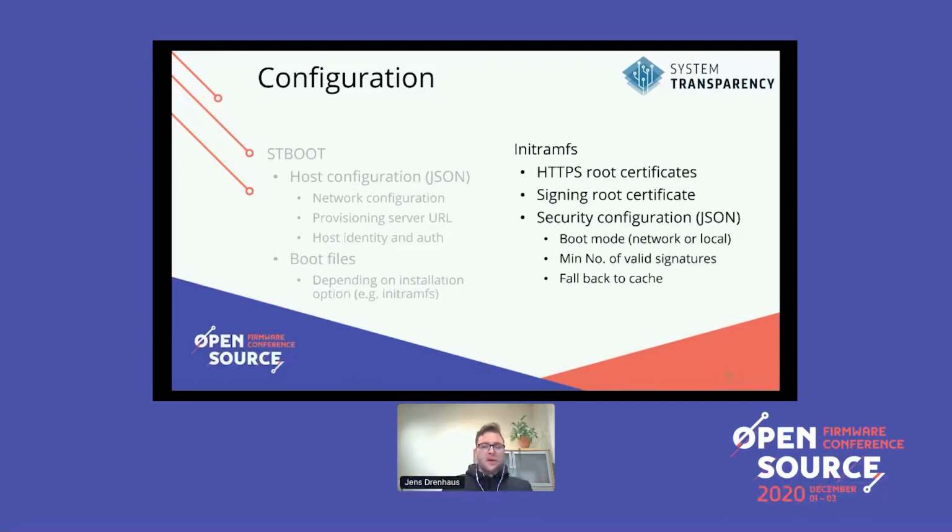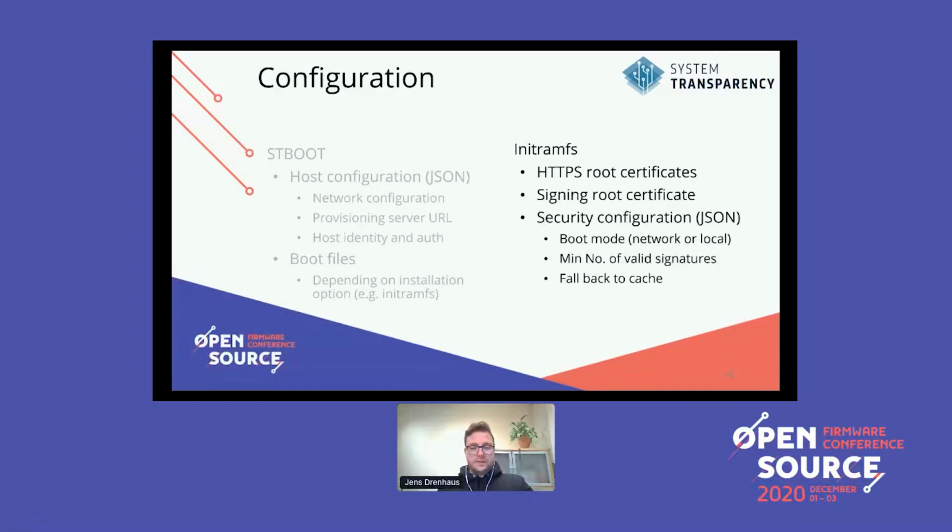Firstly, all values in the host configuration file on stboot are likely to be dependent on the individual host, like identity, IP address, and so forth. Secondly, the configuration inside the initramfs is more critical in terms of security, and since they are part of the Linux boot initramfs, they will be measured to the TPM and thus affect the remote attestation.